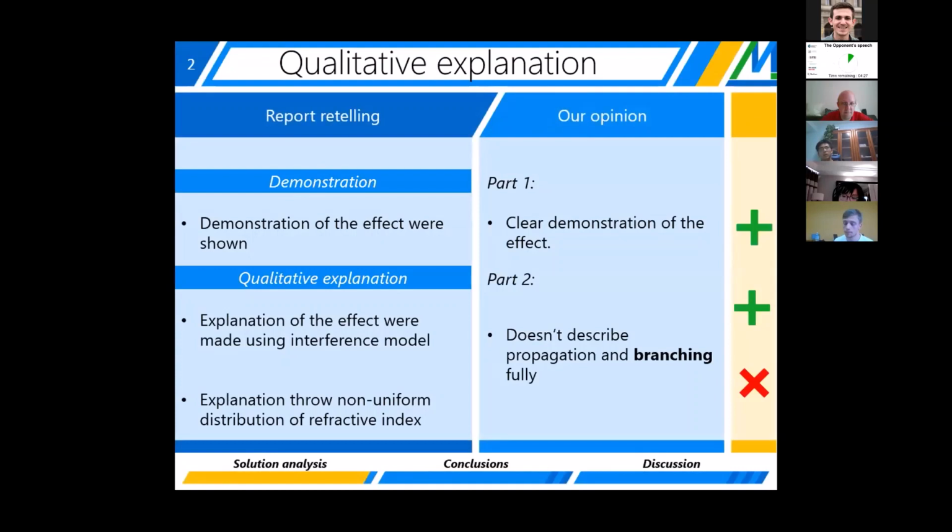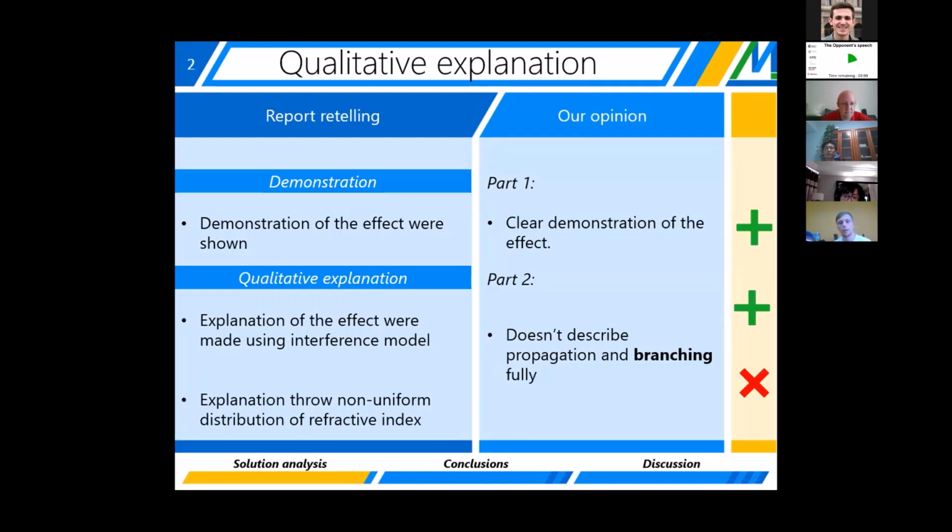In this report, the reporter firstly showed us the principal experimental setup. We think that such an experimental setup was clearly shown for us. We agree with this experimental setup, and then the reporter goes to a qualitative explanation of this effect.